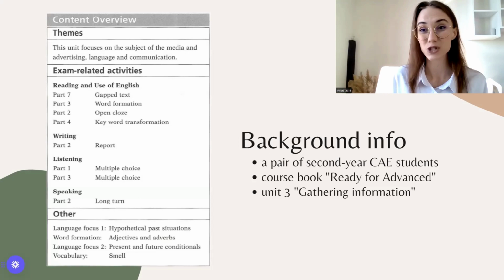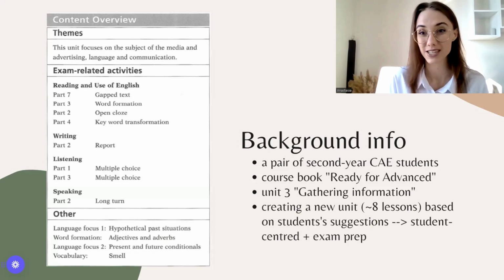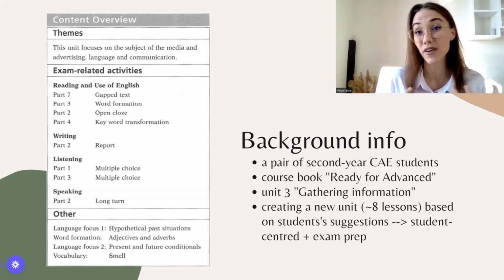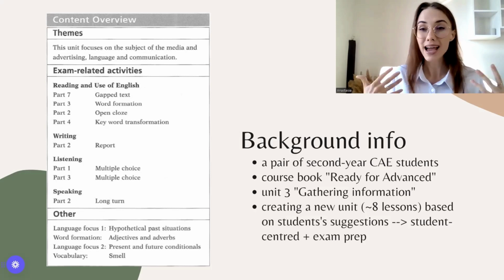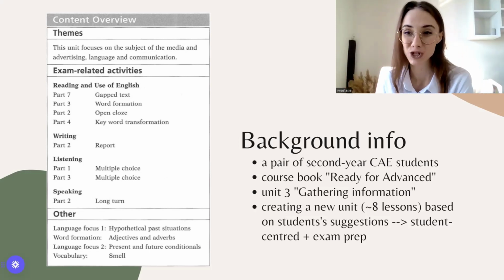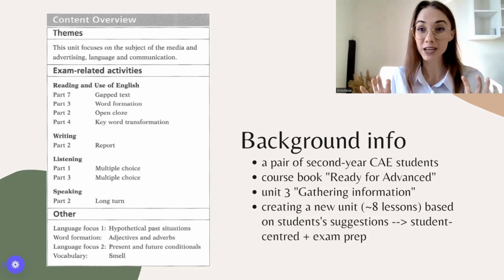So I decided to run a little experiment with my students. I asked them to brainstorm a perfect unit instead. And usually our units last around 7 to 8 lessons, 9 lessons. So it really varies, it depends. So I want to create a perfect unit based on students' suggestions. And I want to combine two things.